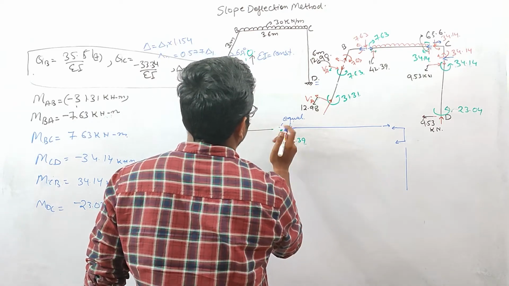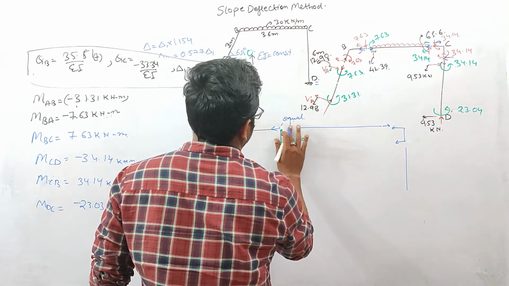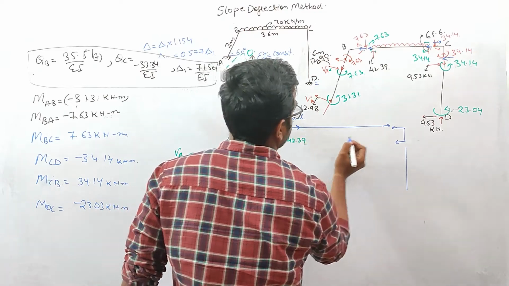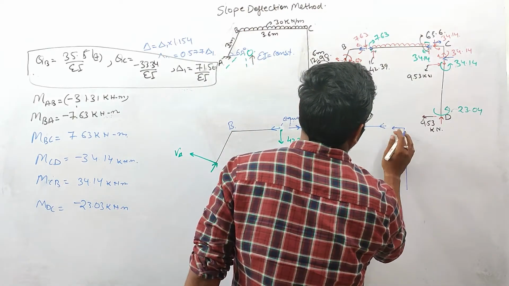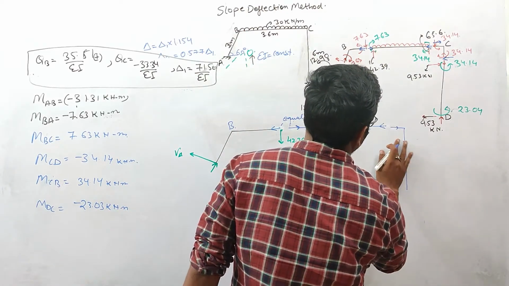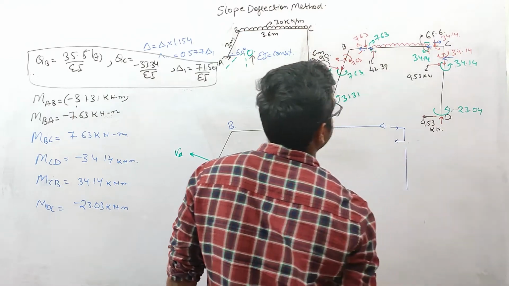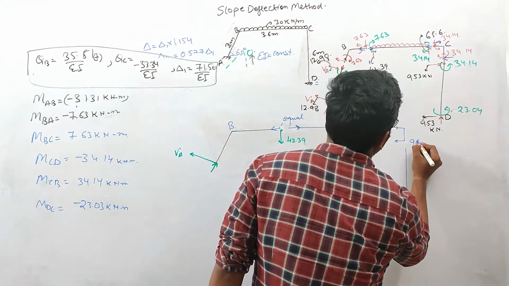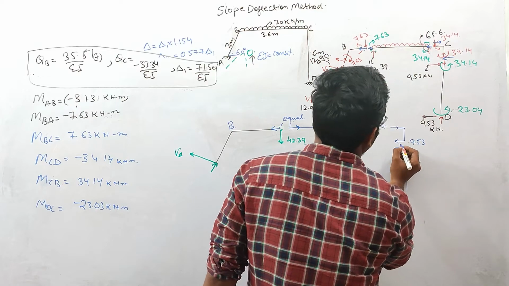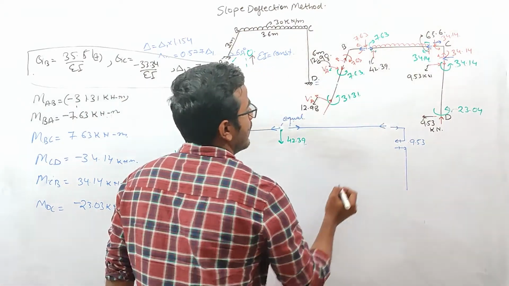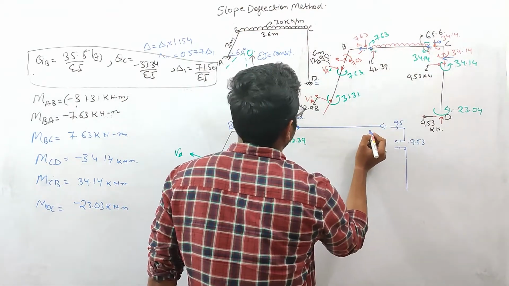So the value of this force is 9.53. These two forces will be equal. Again there will be 9.53 over here, right?